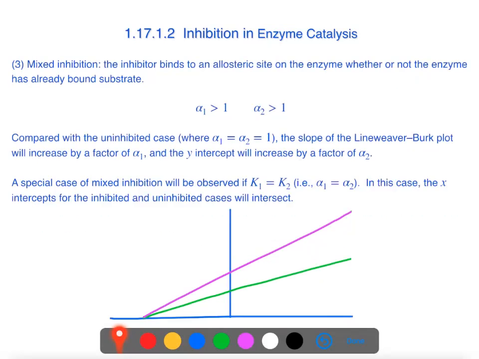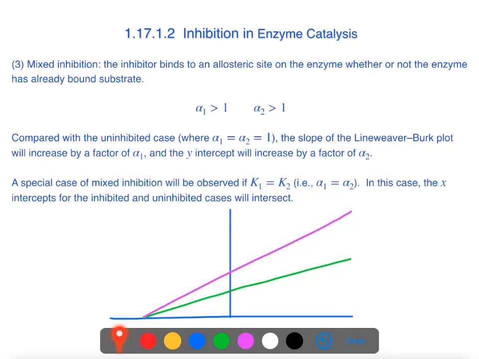Our third type of inhibition is referred to as mixed inhibition. In this type of inhibition, the inhibitor binds to an allosteric site on the enzyme, whether or not the enzyme has already bound substrate. So in this type of inhibition, compared with the uninhibited case, we see both an increase in the slope and the y-intercept by factors of alpha 1 and alpha 2, respectively.